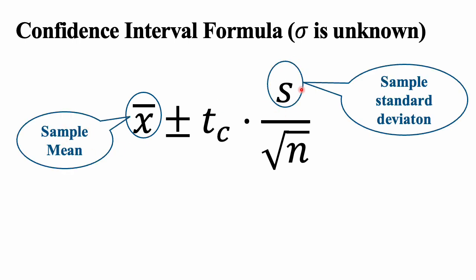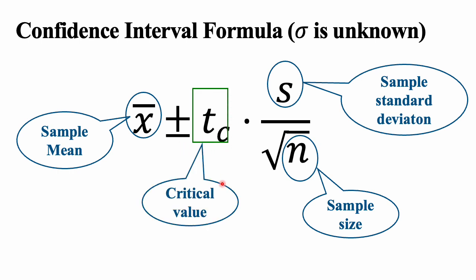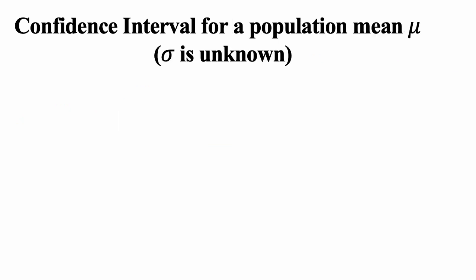S is the sample standard deviation because we don't know the population standard deviation. n is the sample size, like in the confidence interval when standard deviation is known. That's how to construct a confidence interval with unknown standard deviation.